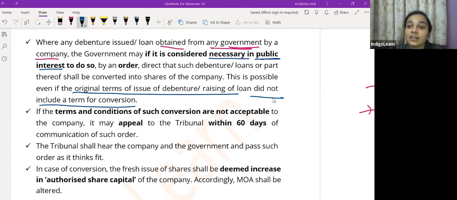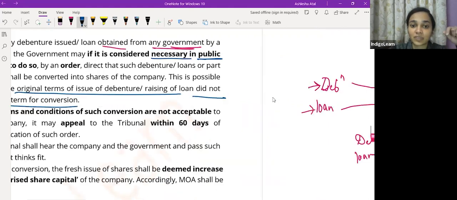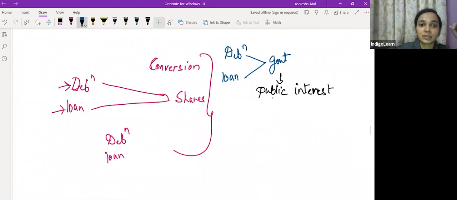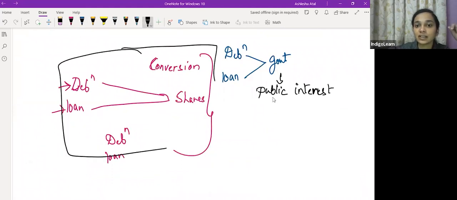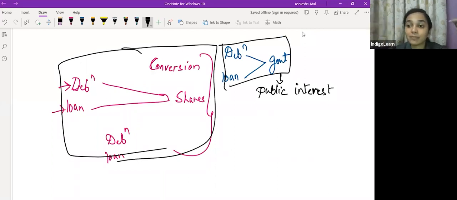मतलब क्या? अगर यहाँ पे ऑप्शन दिया हुआ नहीं था, मतलब terms जो अग्रीमेंट की हम बात कर रहे थे in the first situation, वहाँ पे जब हम बात कर रहे थे तब I told you that it should have been clearly stated in the agreement that conversion is allowed and only then conversion will be allowed. However, if we are talking of this situation जहाँ पे by government orders the conversion is happening and here the debenture and loan are issued to the government, ठीक है.